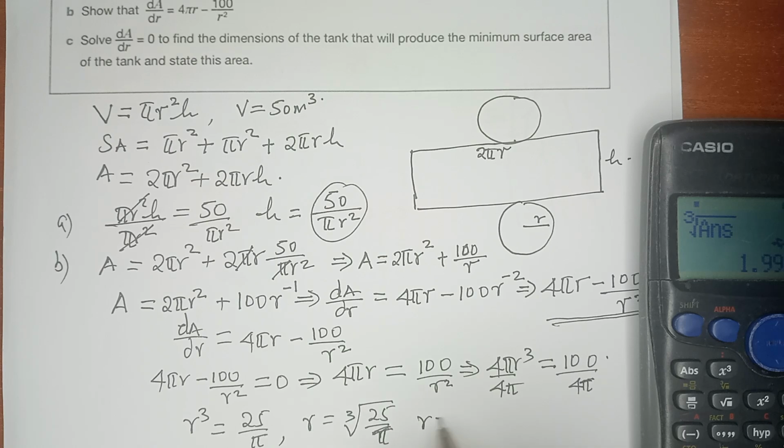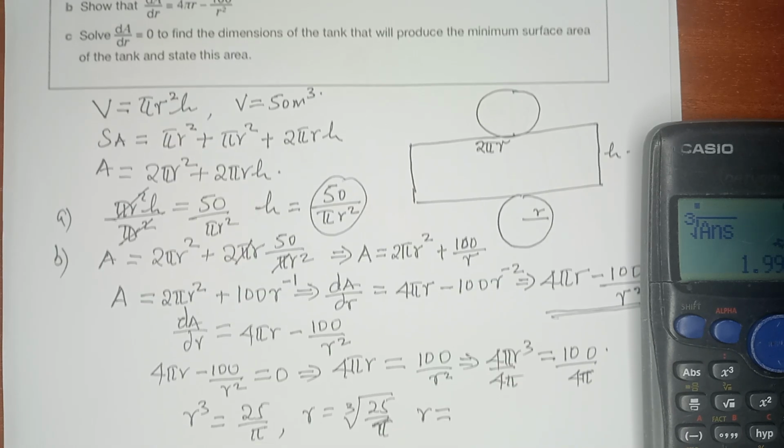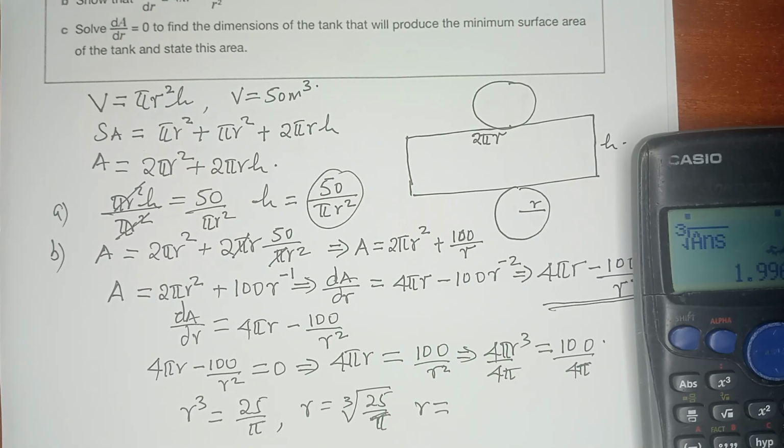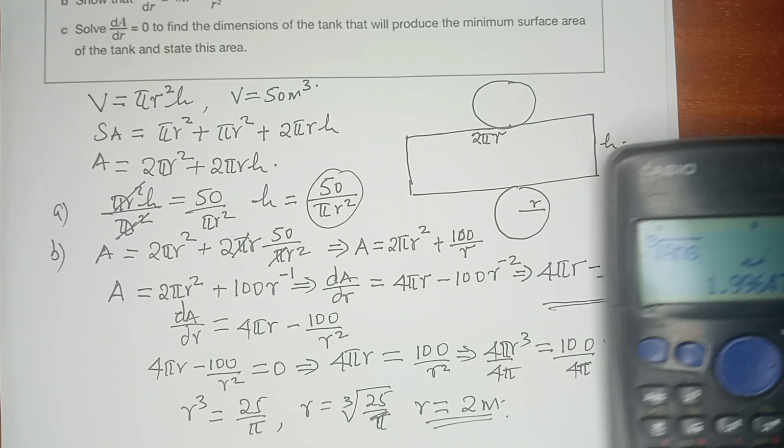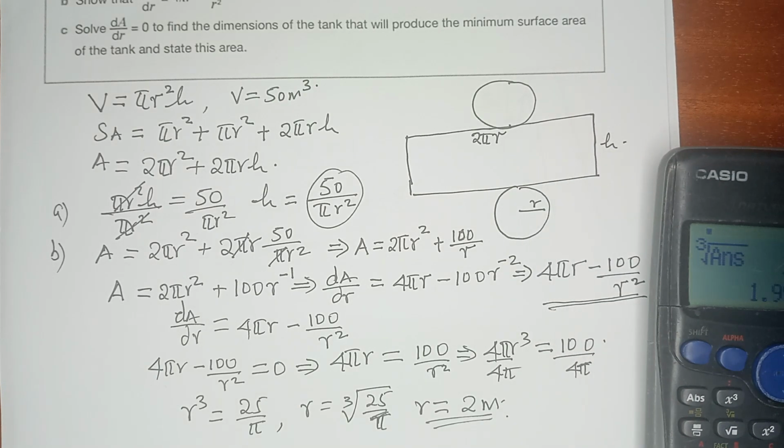So r is the cube root of this, which is basically, to the nearest whole number, 2 meters. Because our answer is 1.9964, to 1 decimal place or even to 2 decimal places, we still get 2 meters.